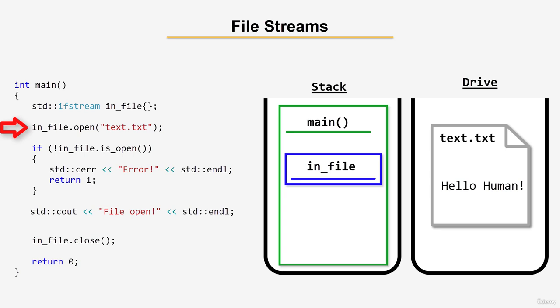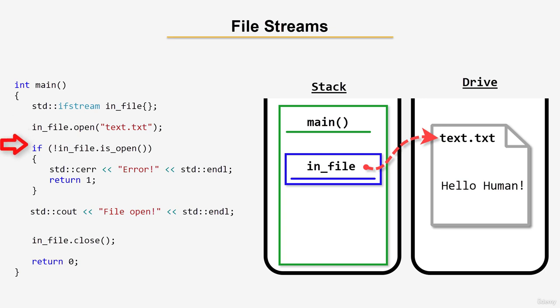As I will demonstrate, we can also provide the full path name, but we typically avoid that. So to the right on the stack we can see we have that object. Then we also have on the drive, on your hard drive, on your solid state drive, wherever it may be located, we have that file named text.txt. So in this way, as we can see with this arrow here in this illustration, the stream object is now associated with that particular file.